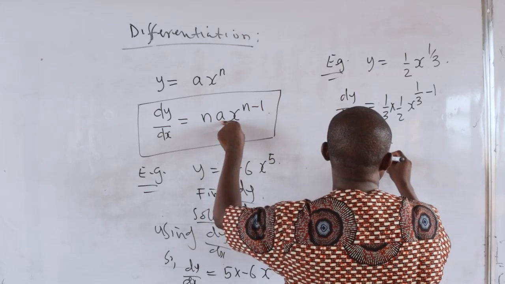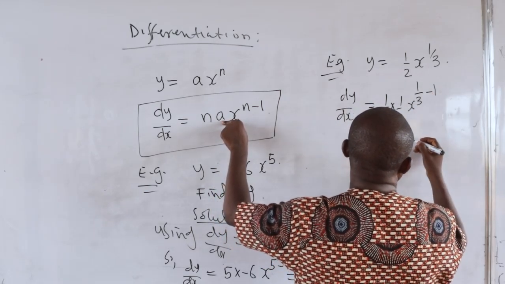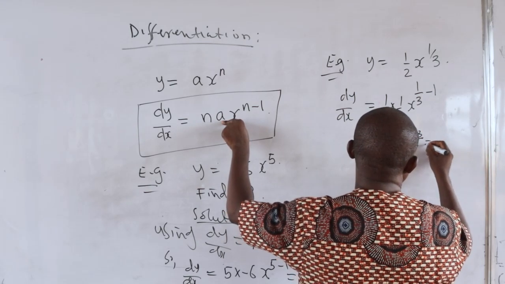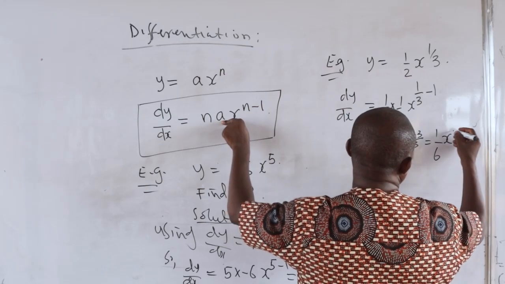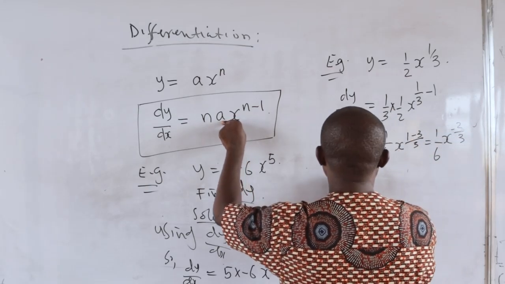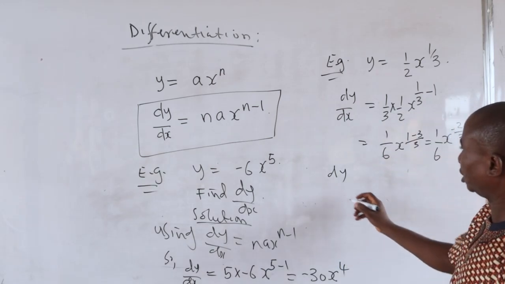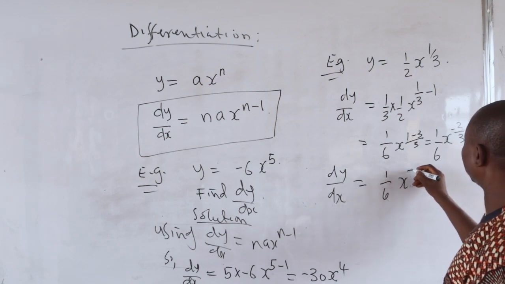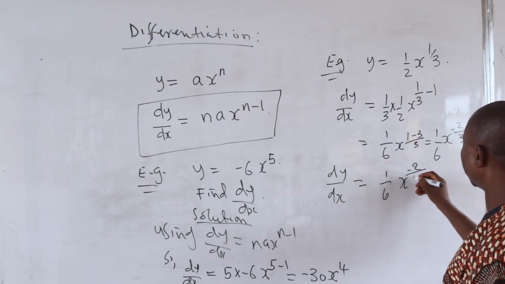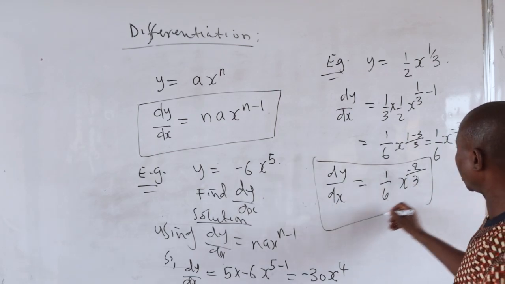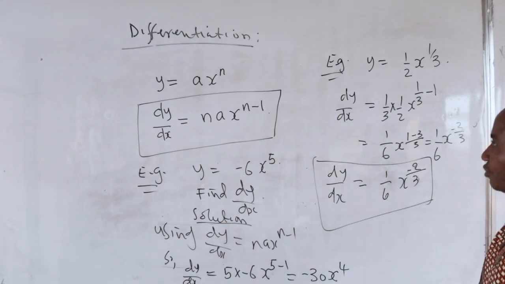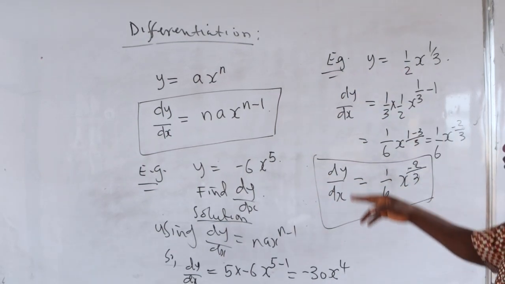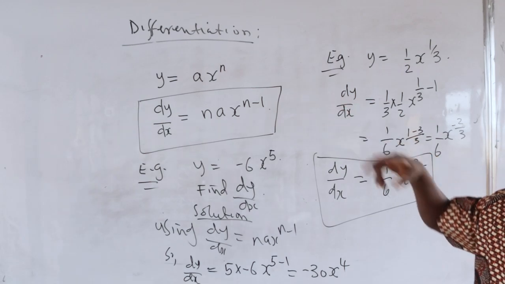And this is 1 over 6, x raised to the power 1 minus 3 over 3, and this is 1 over 6, x raised to the power minus 2 over 3. So the derivative dy by dx is simply 1 over 6, x raised to the power minus 2 divided by 3. So you can see how friendly and easy it is to apply that formula to compute the derivative of any function we can identify to be of that form.